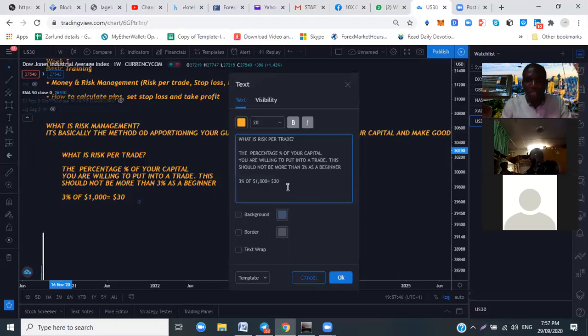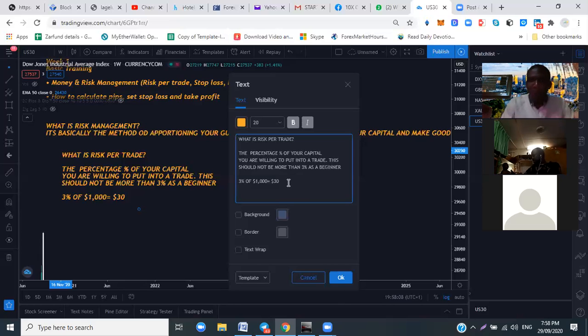Now, when you have decided the amount of money, which as a beginner, like we said, shouldn't be more than 3% that you're risking on a trade, we're going to use $1,000 as our hypothetical figure here. So now you've decided you're risking 3% on your account, which is $30.